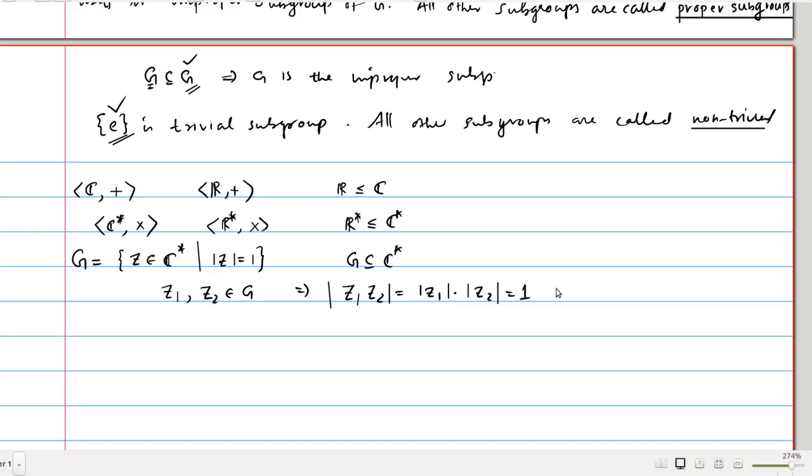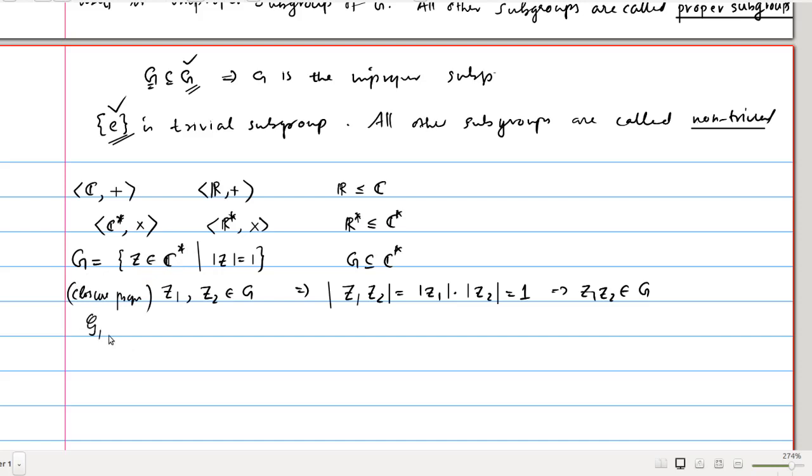We can say that z1 into z2 is also an element of G. So this proves the closure property, that G is closed under the induced operation of C star itself.